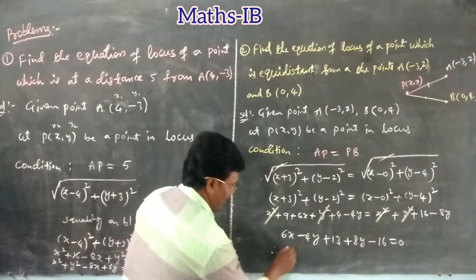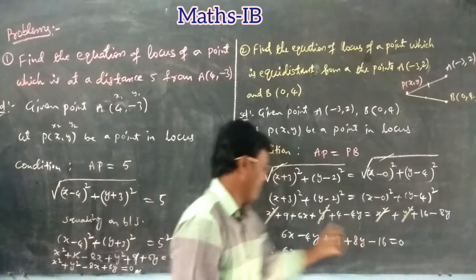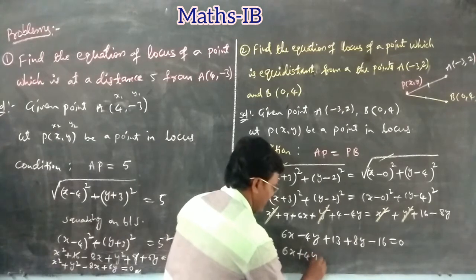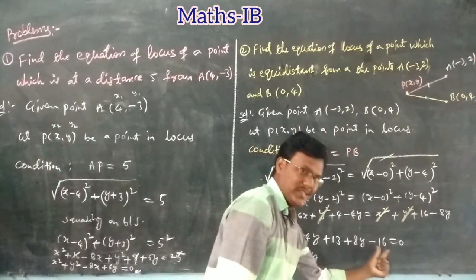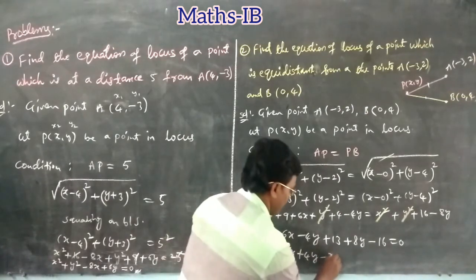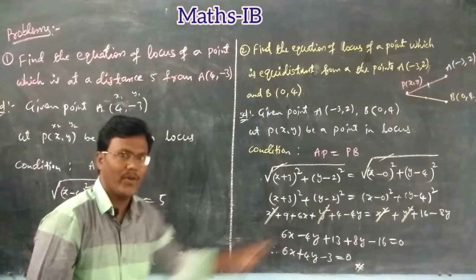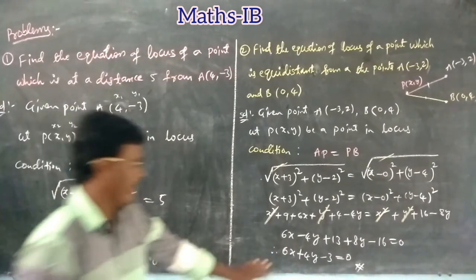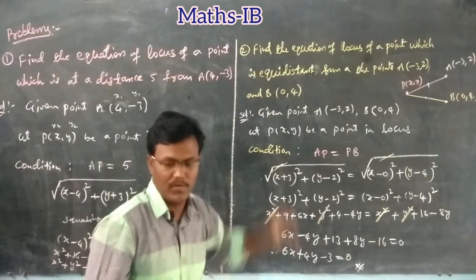So therefore 6x, so minus 4y plus 8y, it is going to be plus 4y. So 13 minus 16, so it is going to be minus 3 is equal to 0. So this is the equation of locus. So I understood. So by using distance formula we are solving these two problems. Okay, right.